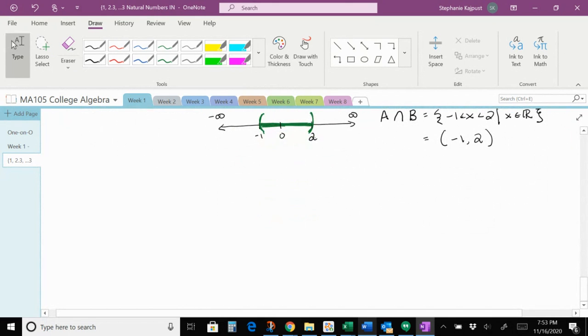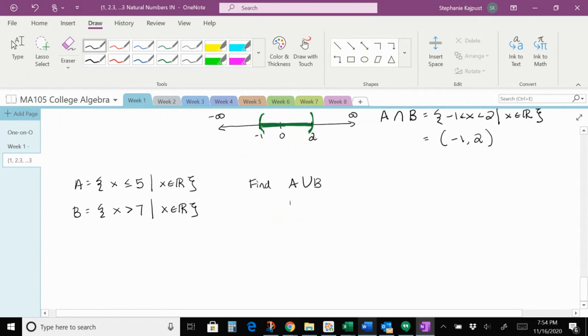So let's do another example. Let's say we have set A, where x is less than or equal to 5. And then set B, where x is greater than 7. And let's say we want to find the union and the intersection.